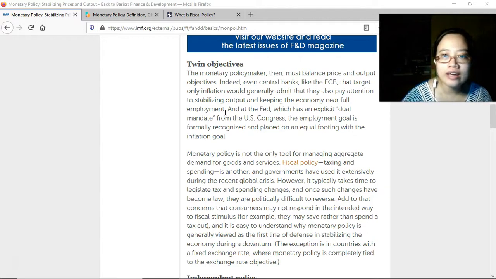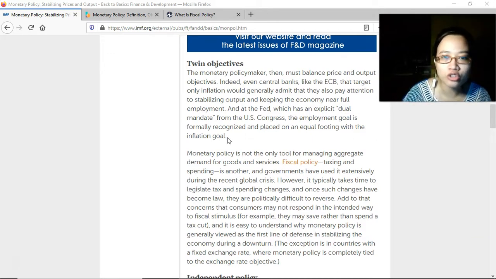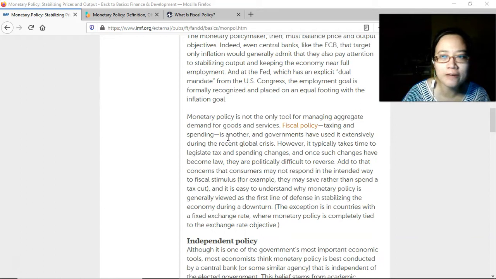Okay. And at the Fed, which has an explicit dual mandate from the US Congress, the employment goal is formally recognized and placed on an equal footing with the inflation goal. Normally, when we talk about monetary policy, the main point, of course, is price stability, and to curb the inflation.